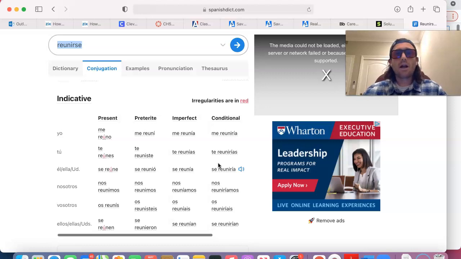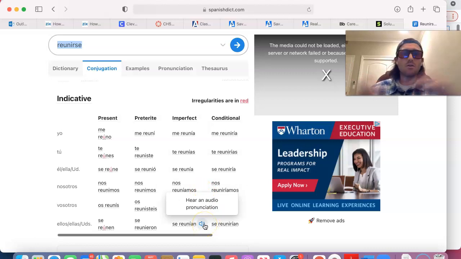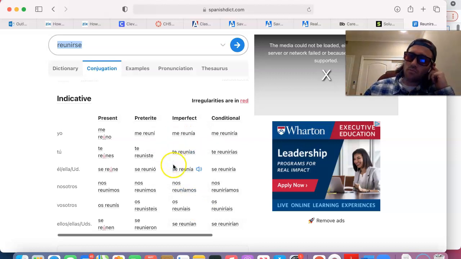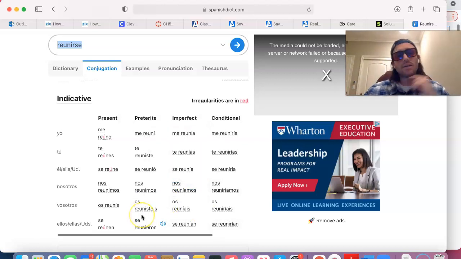Take a look at the ER, IR endings on page 194. Ía, ías, ía, íamos, ían. Regular endings. What makes reflexive verbs tricky is that you have those reflexive pronouns at the beginning. Me, te, se, nos, and se.